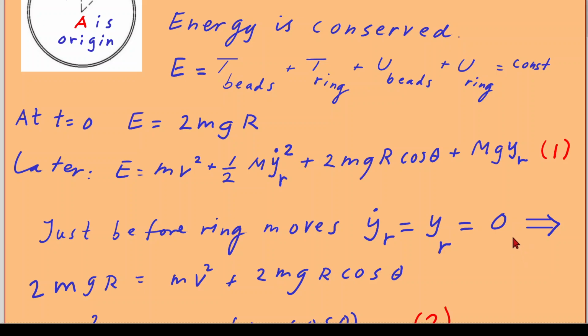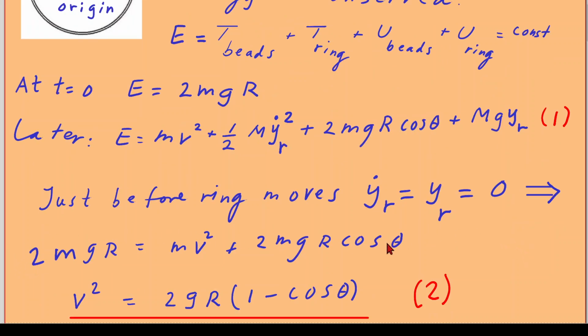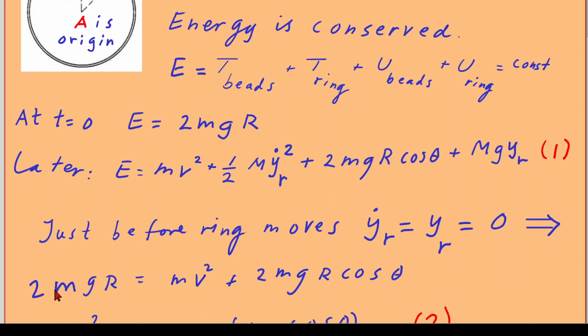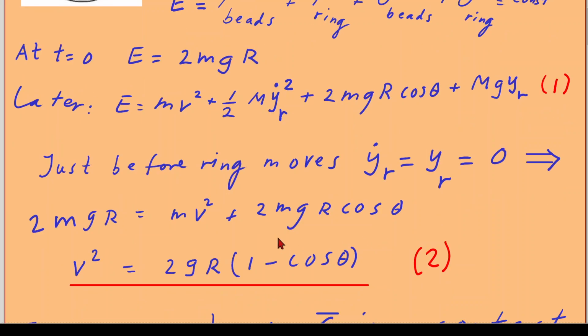So therefore, we have this equation here. Energy before and energy a little bit later is like this, before everything starts to move. So we must have this, and then we can find out the bead velocity squared. It's this one.